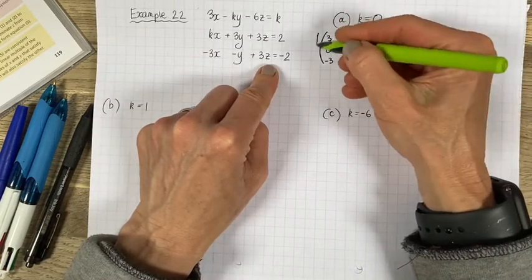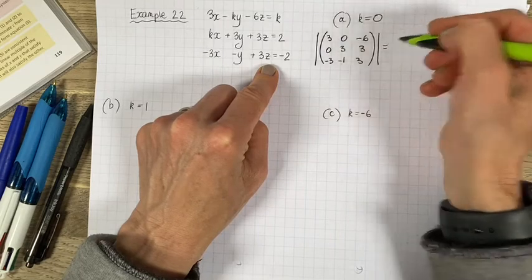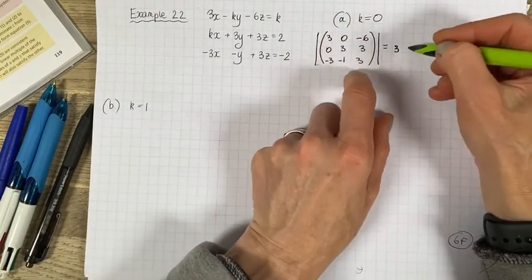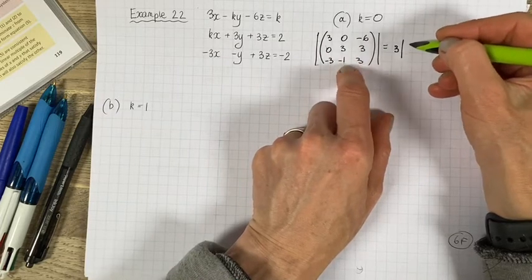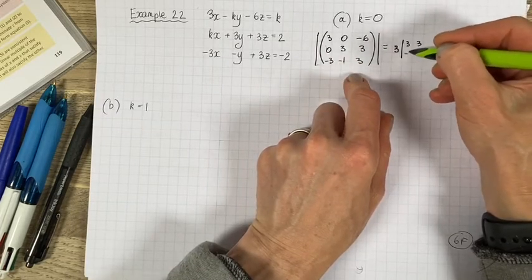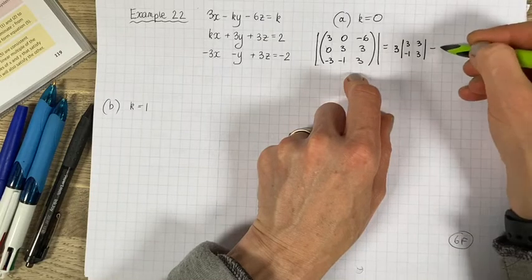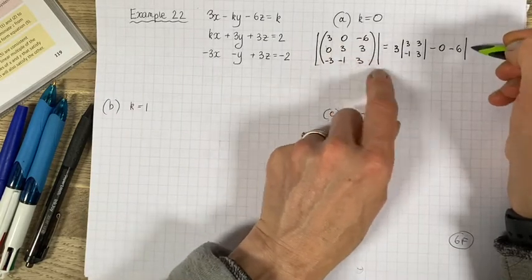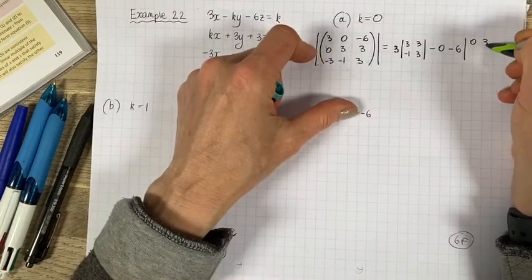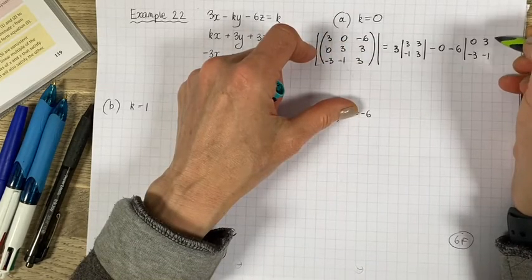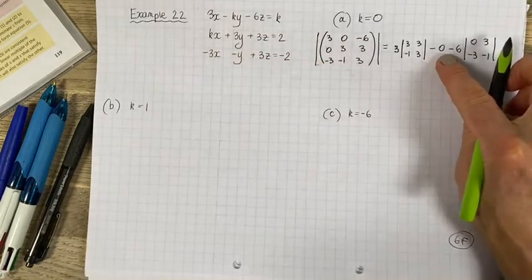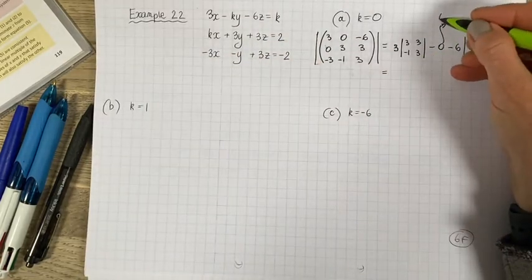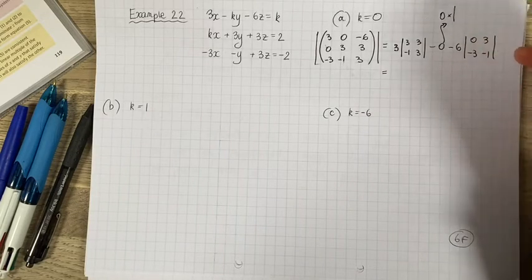So the first step should always be to find the det of this one. You take this entry, 3, and then do the det of the remaining numbers. Then minus 0, I don't need to do the det, then minus 6 times what's remaining. I didn't need to write the matrix here because 0 times something is 0, but just so you're consistent, let's put it in.